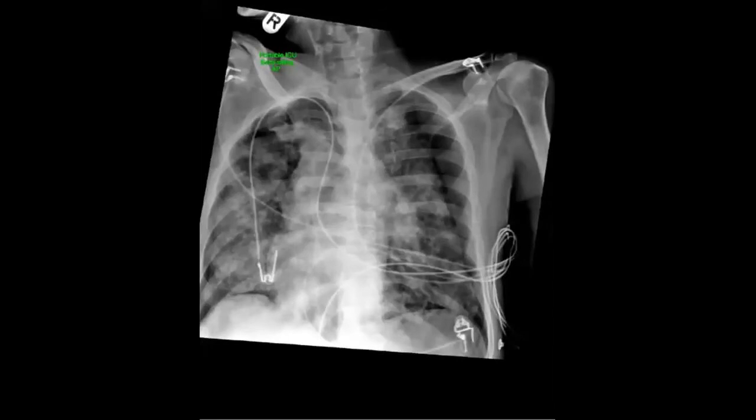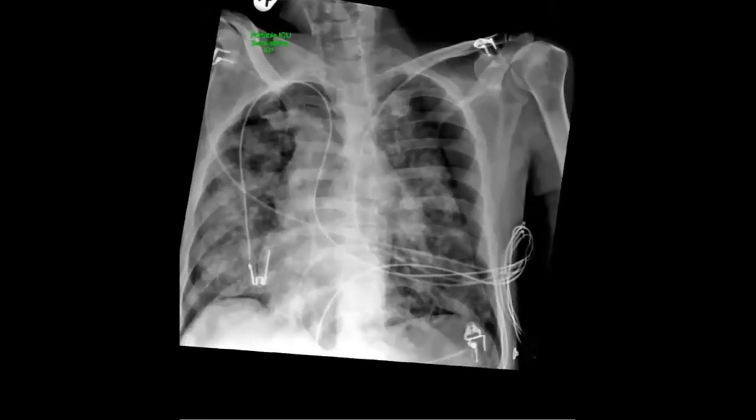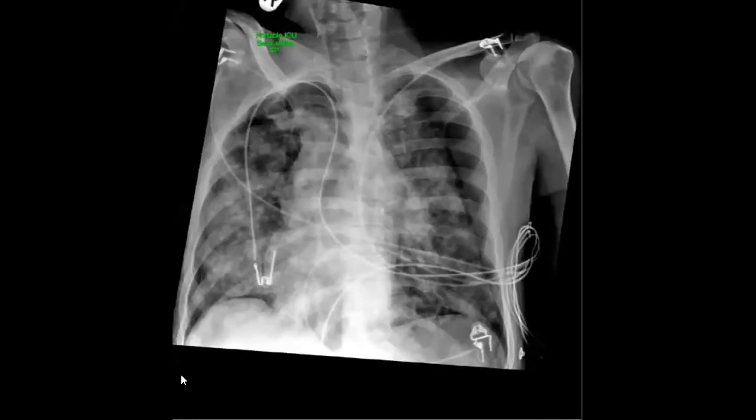We saw a case today which was lymphangitis carcinomatosis, and this patient presented with a breast implant. This is maybe a similar case, but in another view.